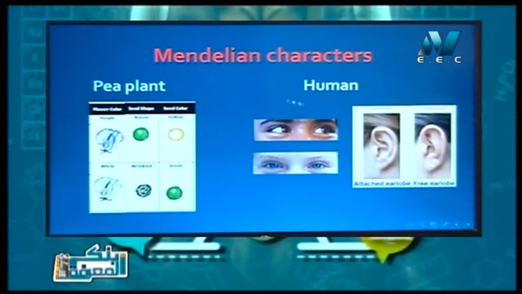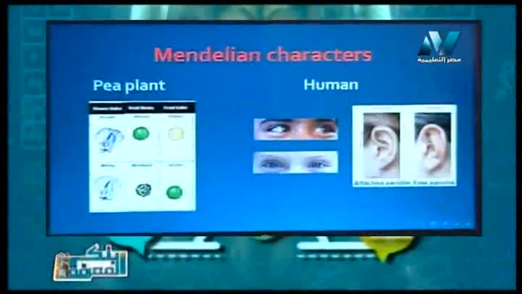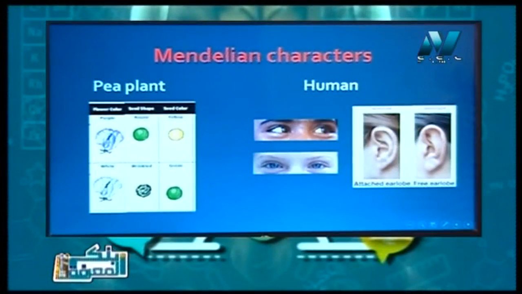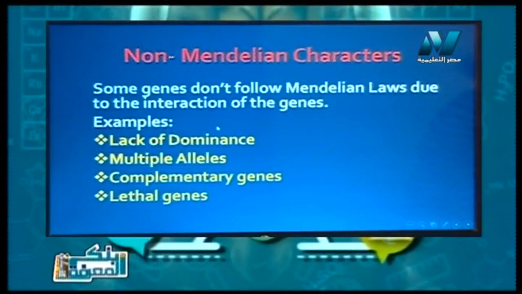And in humans, we can find the brown eyes dominate over the blue eyes, and the free ear lobule dominates over the attached ear lobule. So these are some of the characters that can be studied in Mendelian cases.